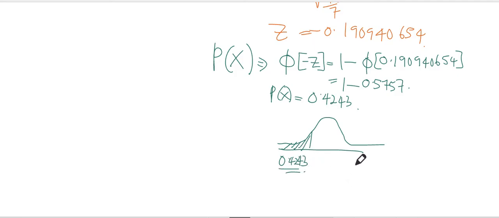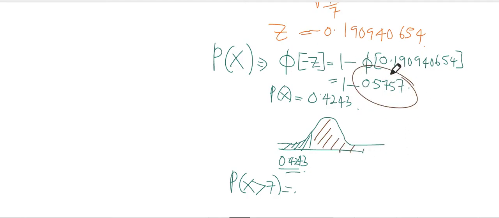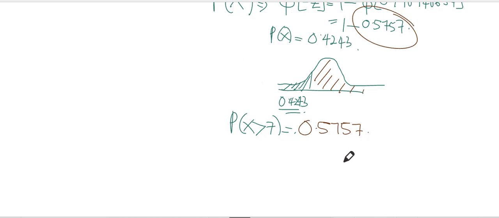I wanted x greater than 7. Therefore, you have to find the region to the right, which is in fact 0.5757, and I can simplify to 3 SF as 0.576.